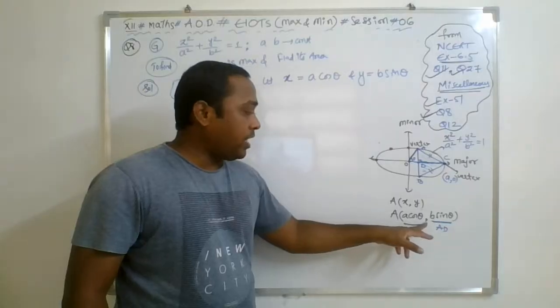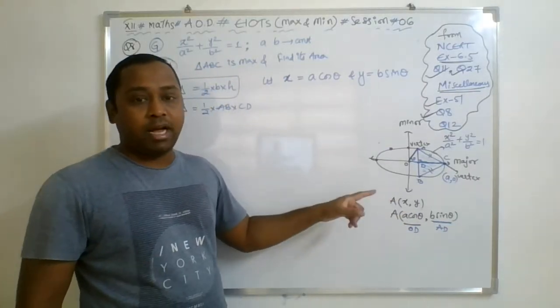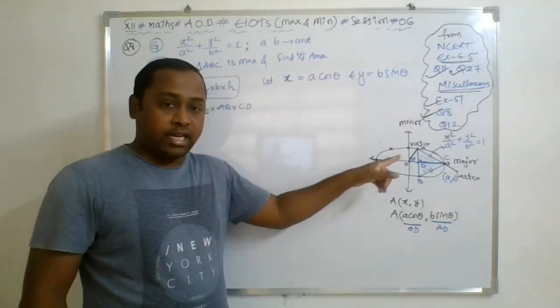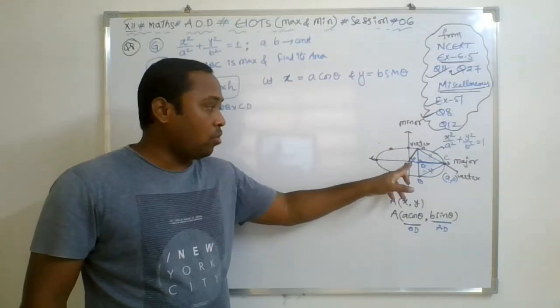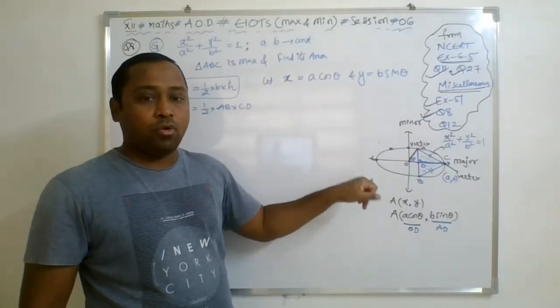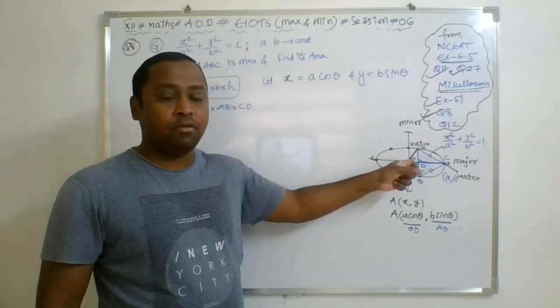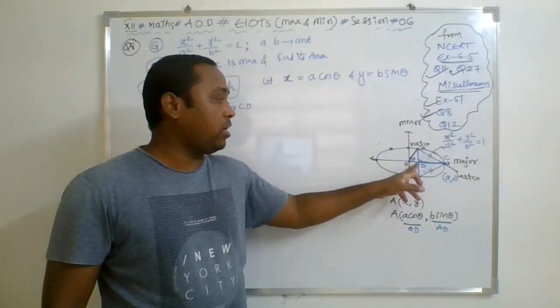Hence, what is theta here? Theta is the angle subtended by the line segment joining the origin to that particular point. Whichever point you are talking about, join it to the origin, and whatever angle is formed by that is called theta.